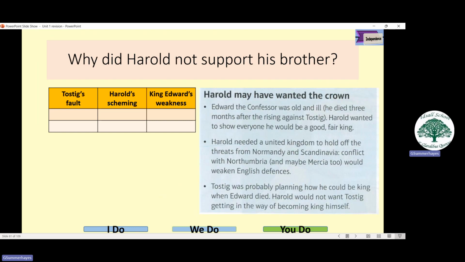And by this point, he was old and ill and died 3 months after this. So that factored into the fact that Edward didn't deal with it in a strong way, and also it shows maybe why Harold was getting rid of Tostig.